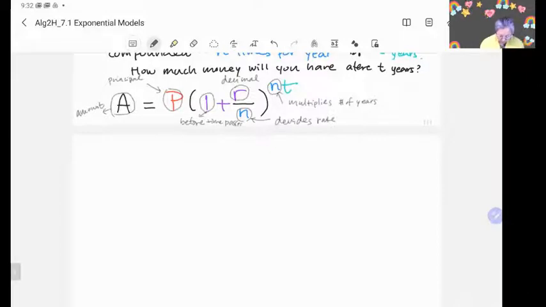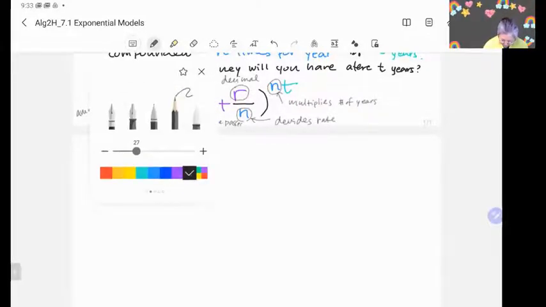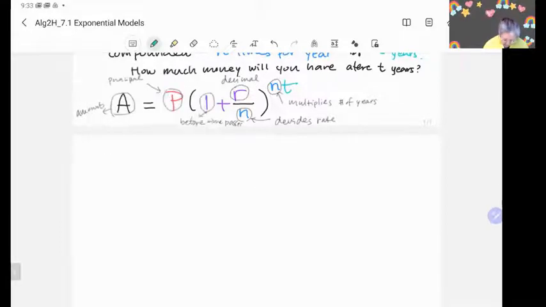So I will give you a brief chart here. With this model, let's see if we have the context. It says annually. That means it only happens once a year.